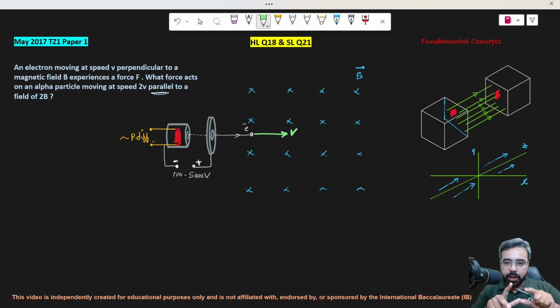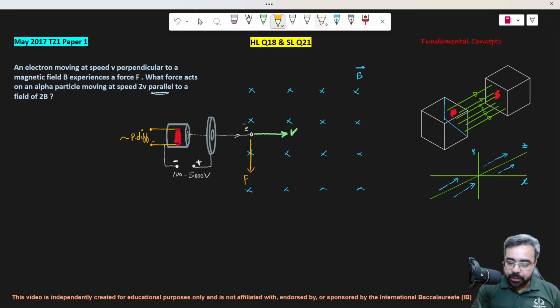In these circumstances, the velocity is going to the right, the field is into the plane, and the force is exerted upward. But this Fleming right hand rule is by default applied only for positive charges. So for the electron, I will consider the force exerted downward. This is exactly the force that is given in the question, F.